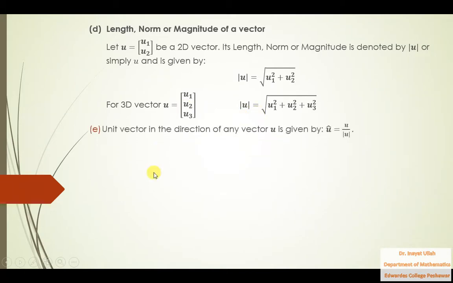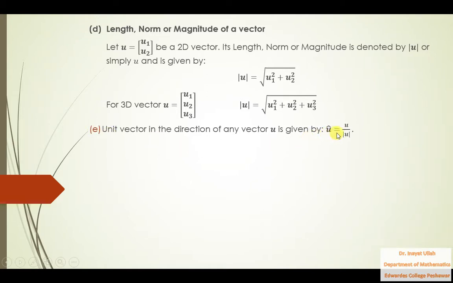And the other one is, if you want to find a unit vector in the direction of any vector u, the unit vector in the direction of this u vector will be given by u cap. U cap is actually the unit vector.